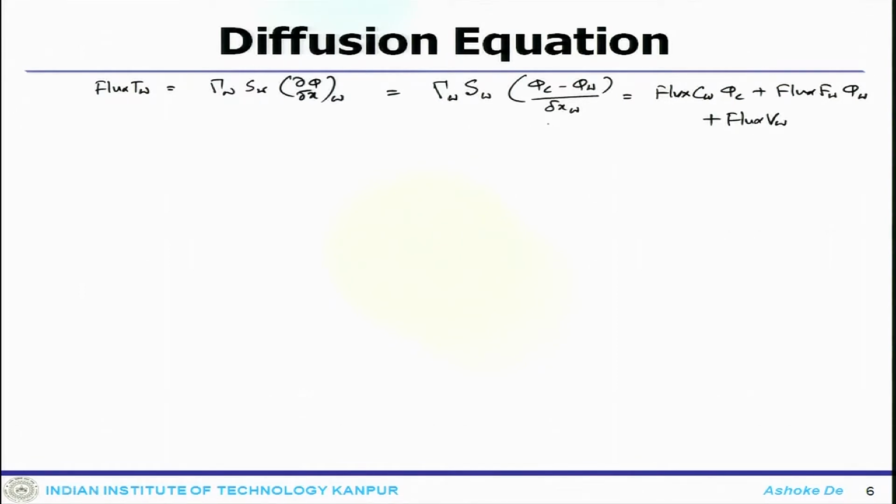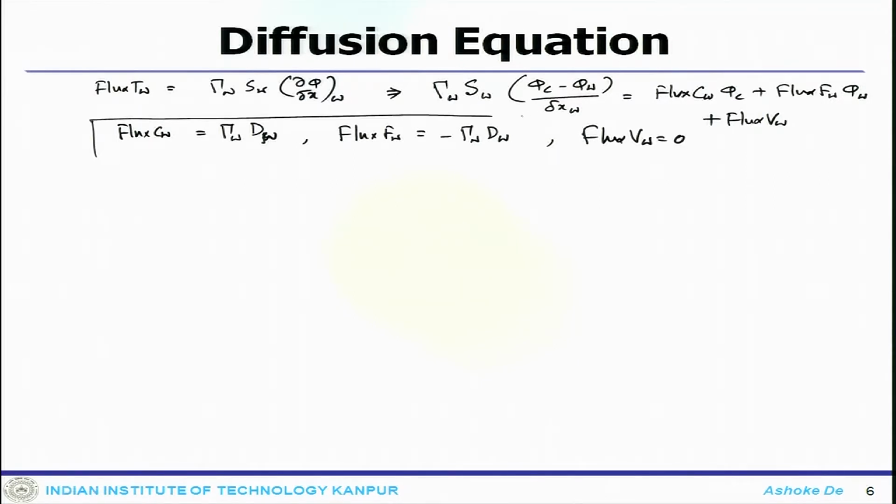If you match the coefficients from these two equations, then you get flux C W equals gamma W d W, flux F W equals minus gamma W d W, and flux V W equals 0.